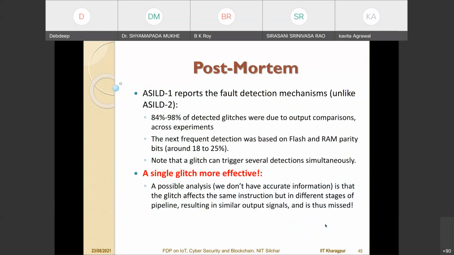and we found that the safety mechanism built into this chip is based upon a time redundancy check, which means it does the computation twice and compares the results, and if one of the computations is faulted, then you throw an alarm.